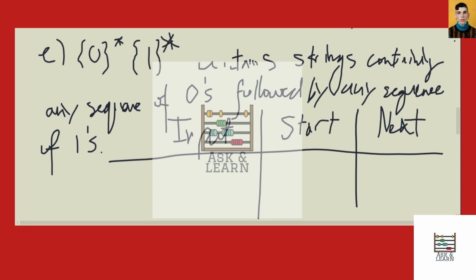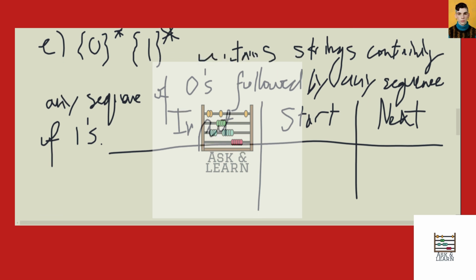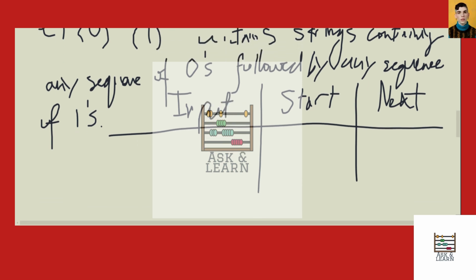So we're going to suppose that the string from this set has at least 1 zero and at least 1 one in its sequence.